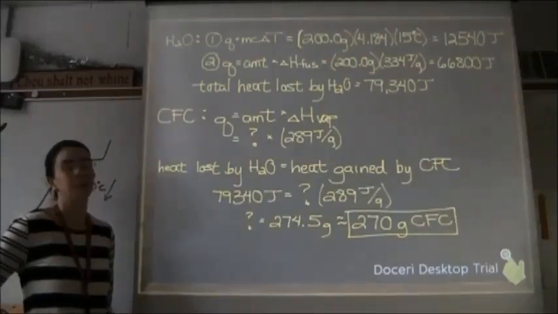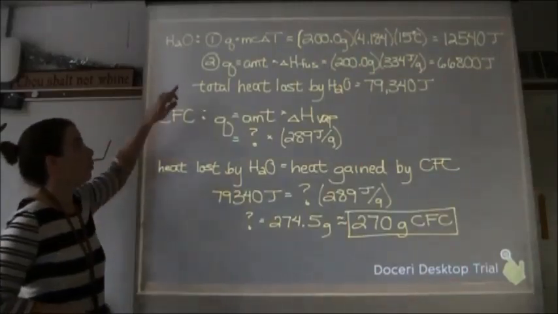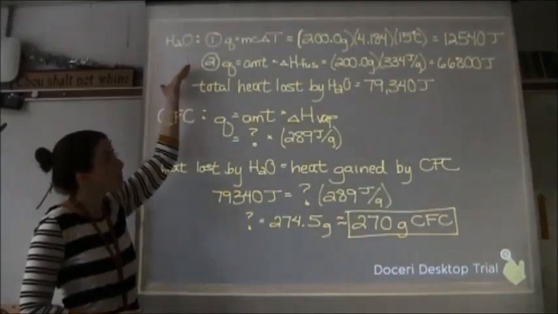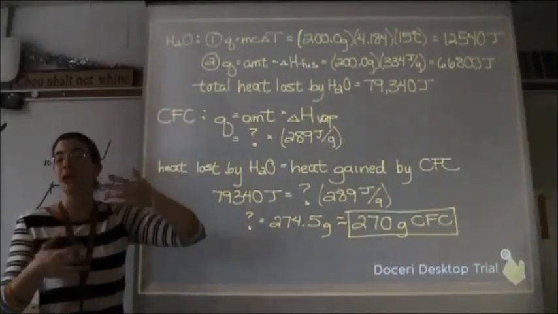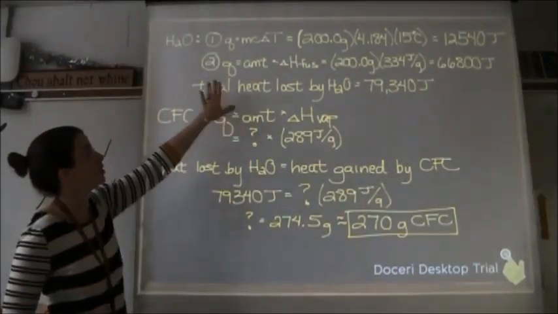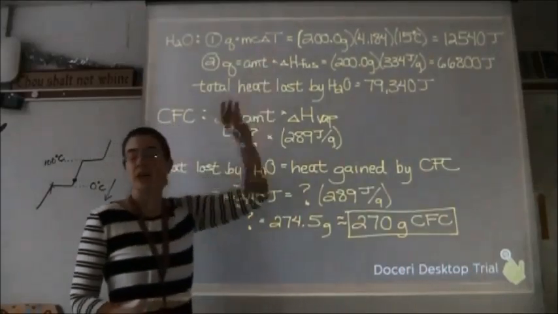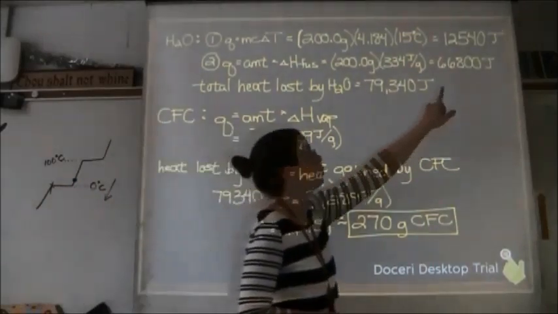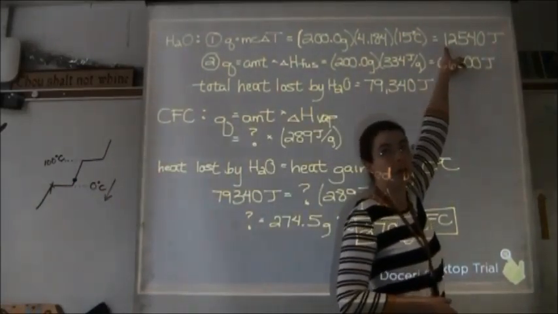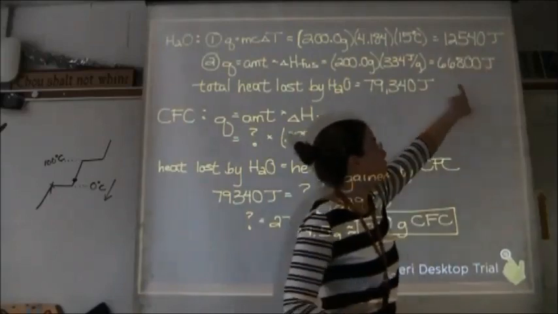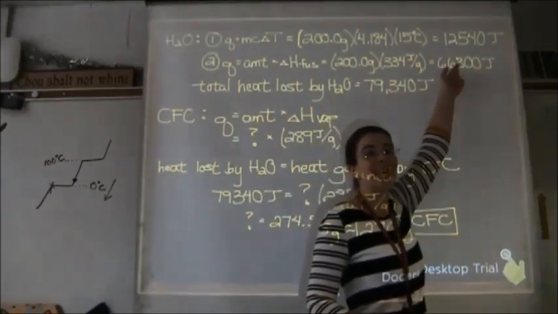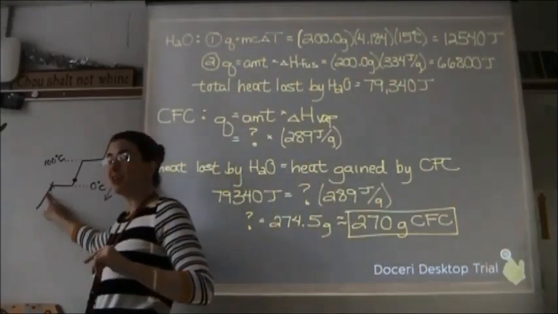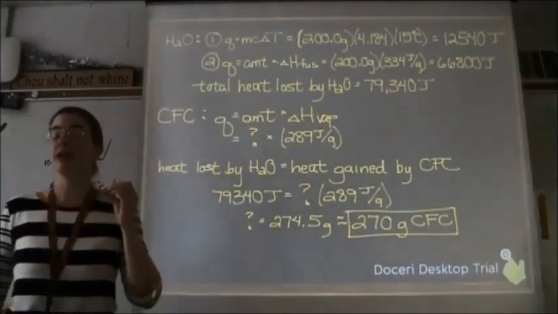Somebody this morning asked, why aren't these two heats negative? Because you are cooling it down. If you wish, you could bring in that negative. I mean, if you're going to be very strict about delta T is always final minus initial, which you can do, then yes, you will get a negative number right here. But you also need to make this one negative as well, because freezing something is an exothermic process.